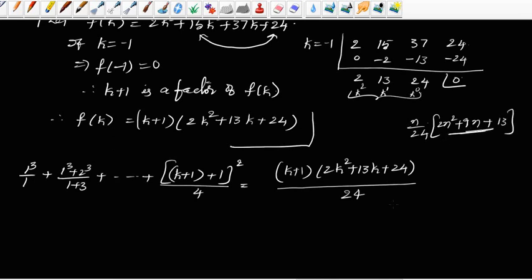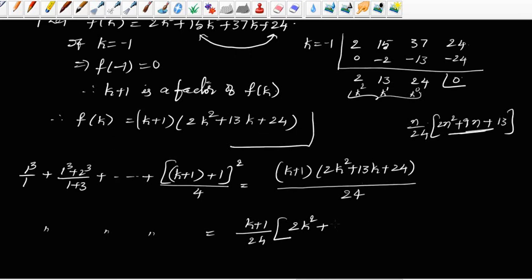Now we will convert this in terms of k plus 1. So that is equal to k plus 1 by 24. Now I have to write here 2k square, same process, 2k square, plus, how much will you get here, 9n.